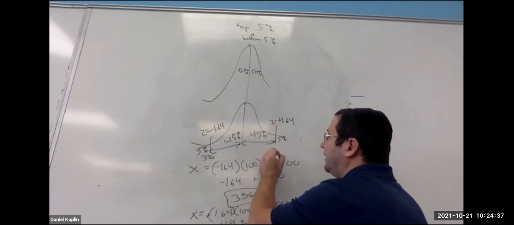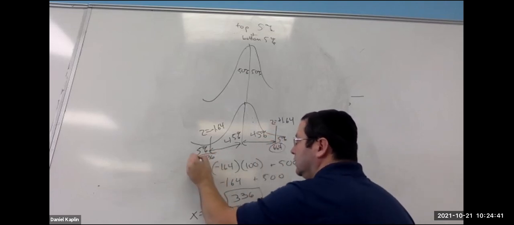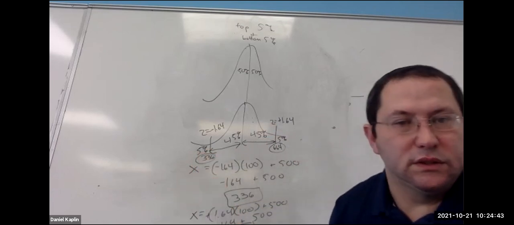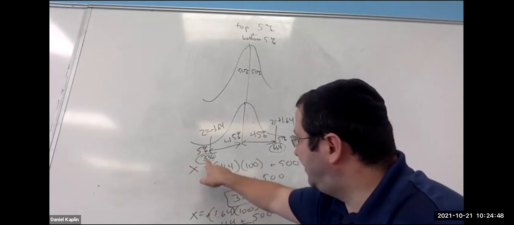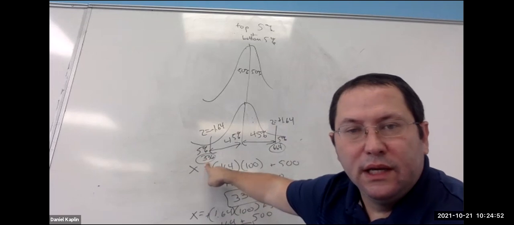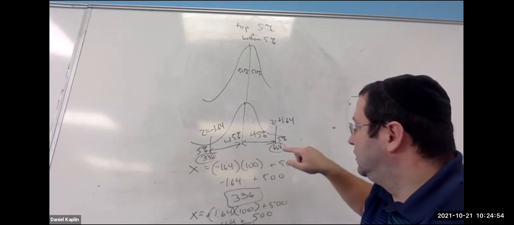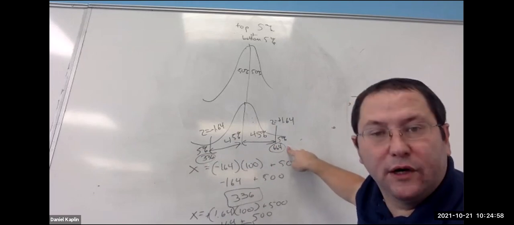So on this end, it's 664. So the question was, what would the raw score have to be for the bottom 5%? 336. What score would you need to be the top 5%, which is 664?